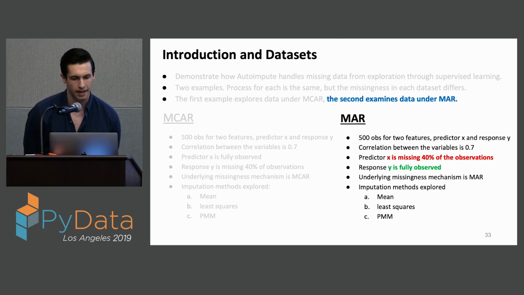Yeah, I think one more point to make on that is that here the process, the code, is exactly the same, right? What we're highlighting is that while the methods that we introduce, mean, least squares, and PMM, work across any data set you give them, the results will be dramatically different, right?